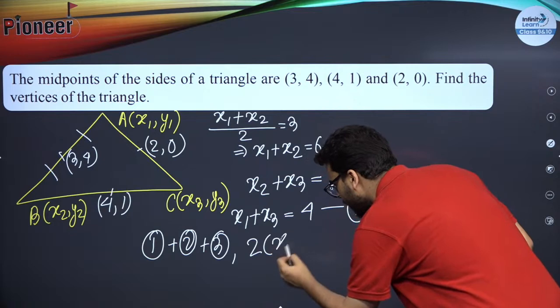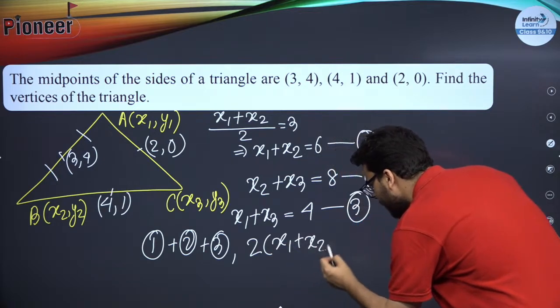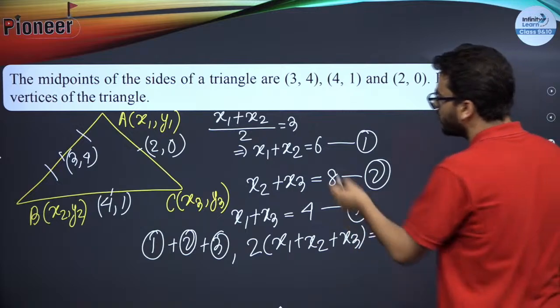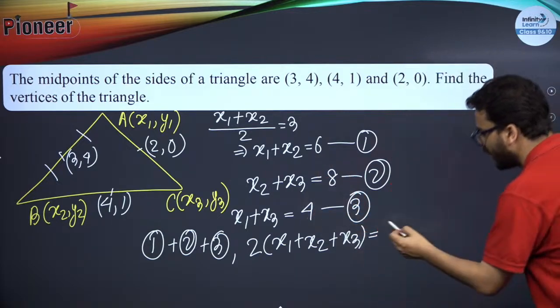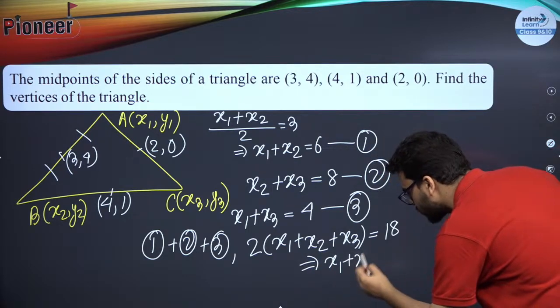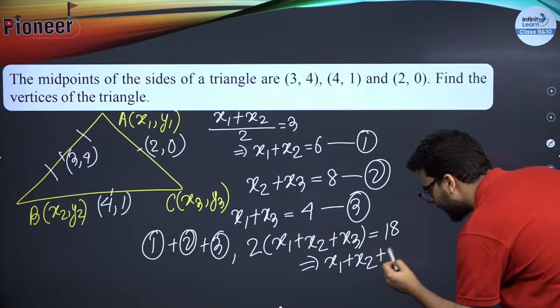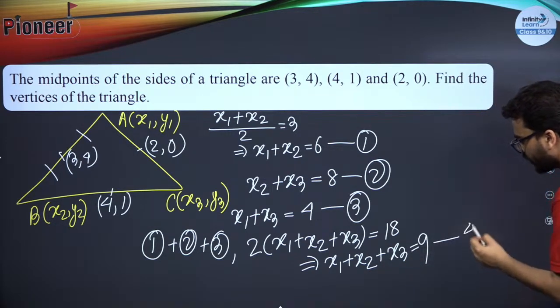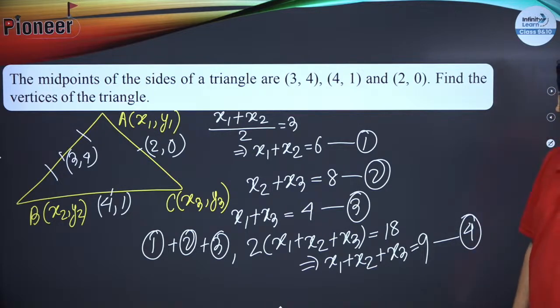So you will get 2 times (x1 plus x2 plus x3), and that is equal to 18 over here. So from here I can say that x1 plus x2 plus x3 is equal to 9, and this is the fourth equation over here. I hope this thing is clear up till here.